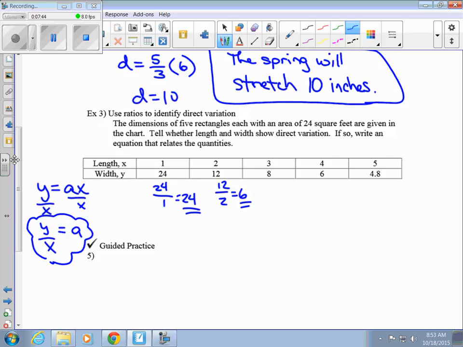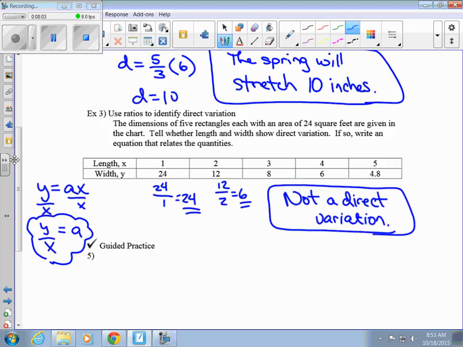If there's any situation here where it doesn't work, other than using 0, then we know that this is not a direct variation. Okay, so in this case, it's not a direct variation. For this to be a direct variation, when we take y divided by x in every single one of these, it has to give us a constant.